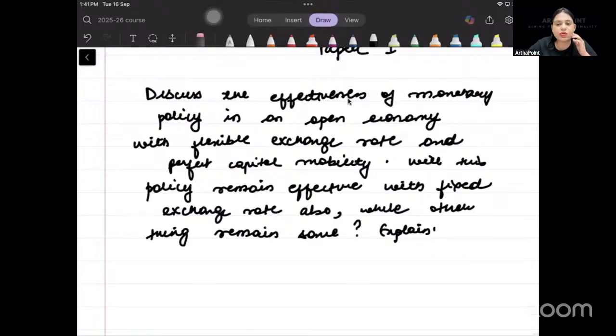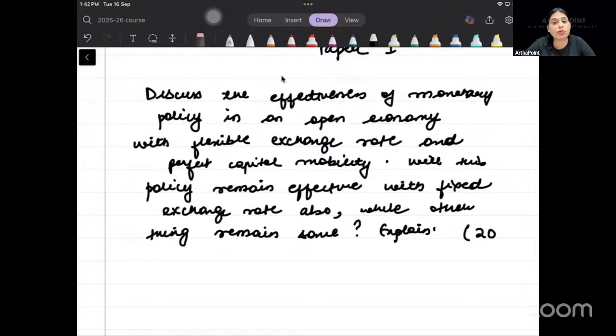Okay, very, very easy question, but it's a 20-mark question. So we have to answer accordingly. Try it, give it a try. In this question, because it is asking the effectiveness of monetary policy under flexible and fixed exchange rate, we have to begin by explaining what the Mundell-Fleming model is about, because it is a 20-mark question.